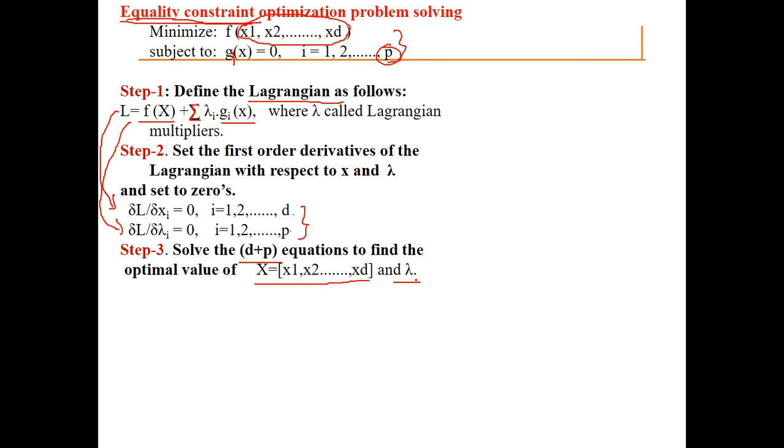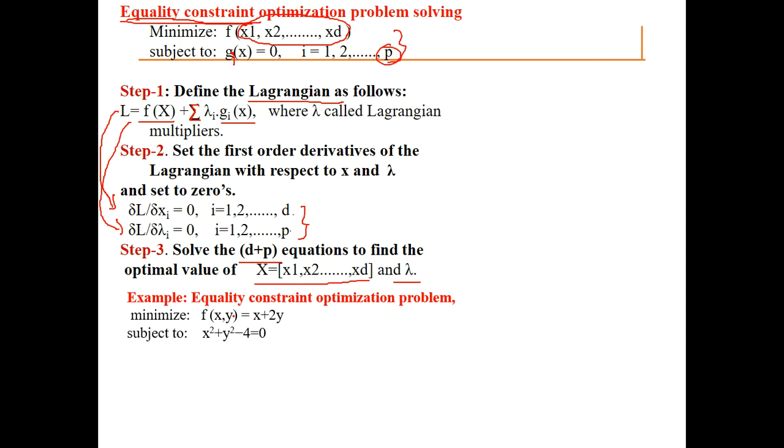Fine. Now let's take one example. Same example as we had in the last slide. This is your objective function. This is the constraint. We have only one constraint here. So p is equal to 1, you can consider here. And d is equal to 2, because we have two variables x and y.